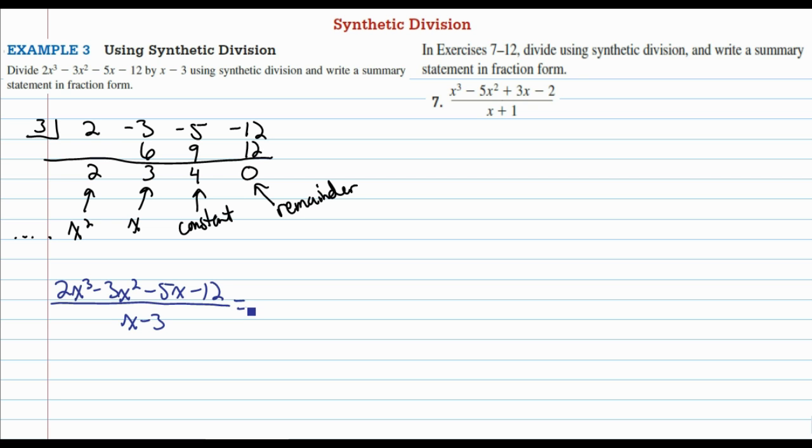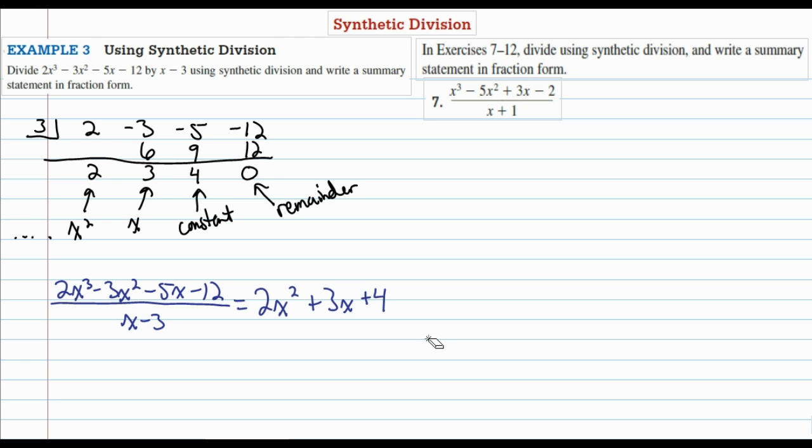What I got was 2x squared plus 3x plus 4, and then plus a 0 remainder, which I don't have to write. If I had a remainder like 1, I would have written 1 over, let's see, I divided by x minus 3. But I don't have a remainder, so I wouldn't write that here.